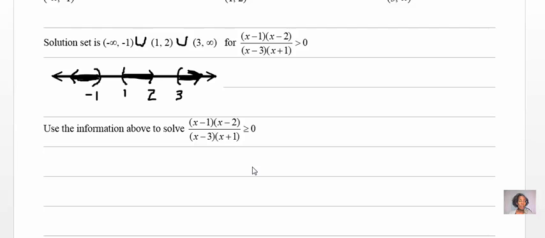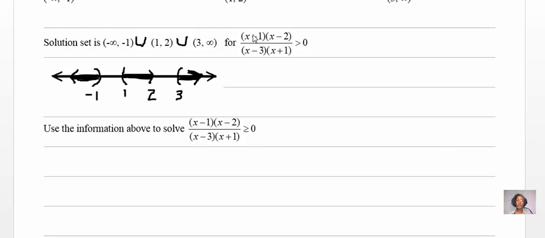Now, in a polynomial inequality, if our inequality changed from a greater than to a greater than or equal to, the only change that would occur is that all the boundary points would be included now. But with a rational inequality, the case is slightly different.